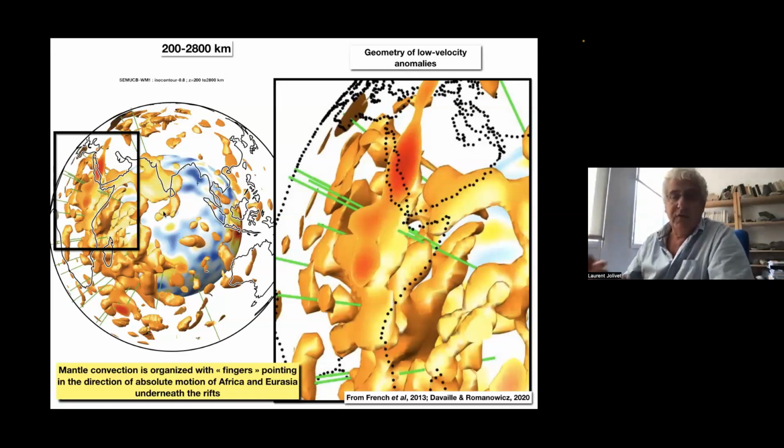So we have the association of these fingers, the direction given by the SKS anisotropy, it suggested a flow northward. The anomaly of residual topography, the magmatism and the rift also on the same vertical here, that suggests a link between these fingers and the rifting opening here.